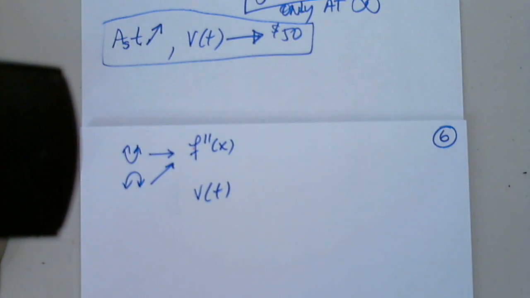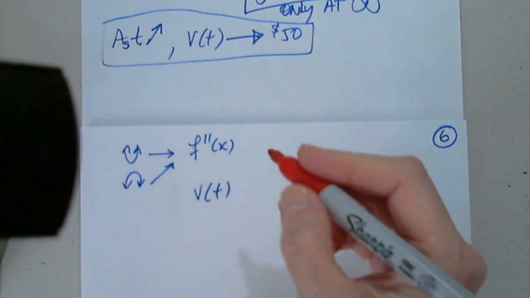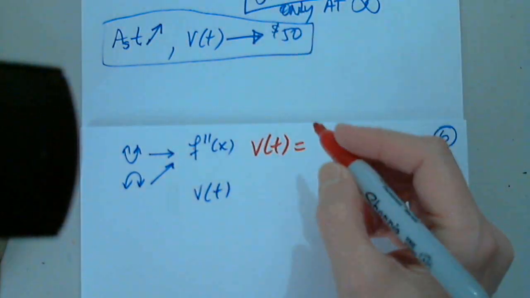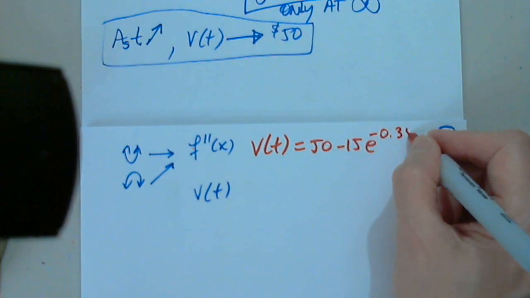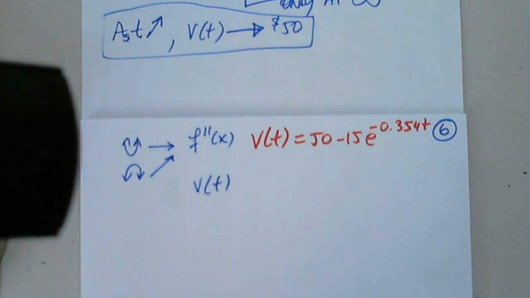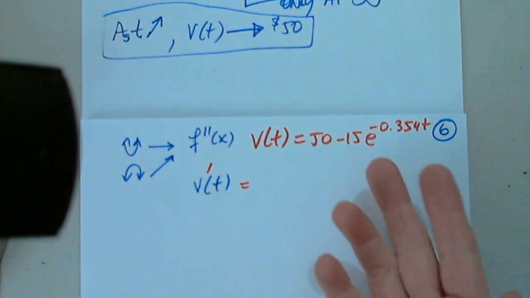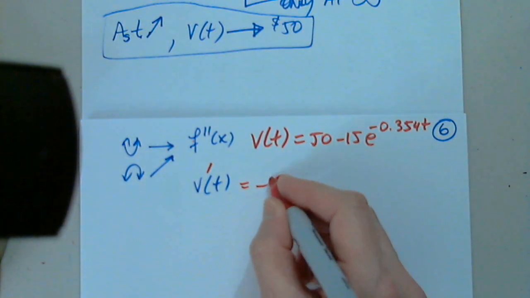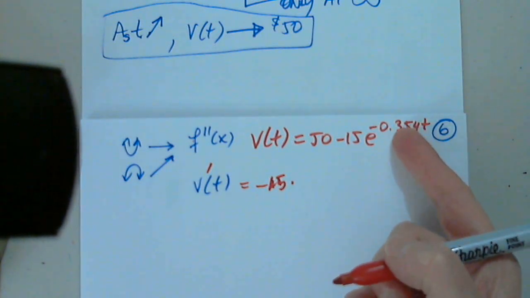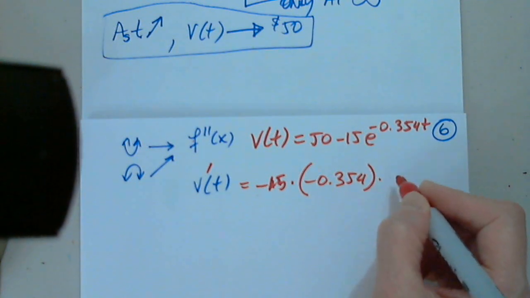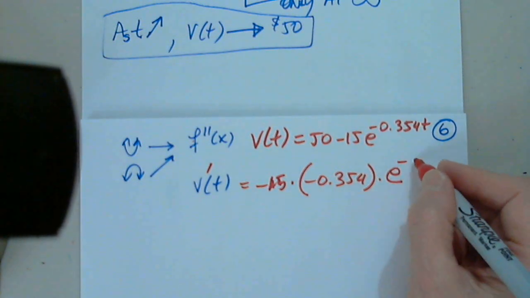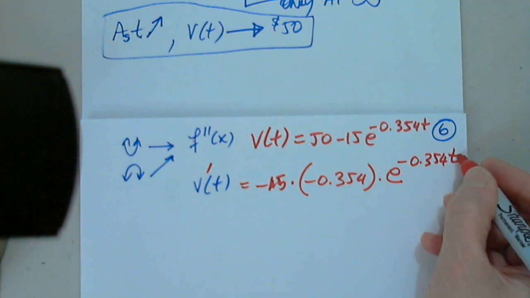Good. So let's differentiate. I'm going to write the function here one more time, so I don't have to go back there. 50 minus 15 e to negative 0.354t. So we want v prime and then v double prime. The constant prime is 0, so I have to write negative 15. I have to multiply by this power, right? The number, negative 0.354 times e to negative 0.354t.